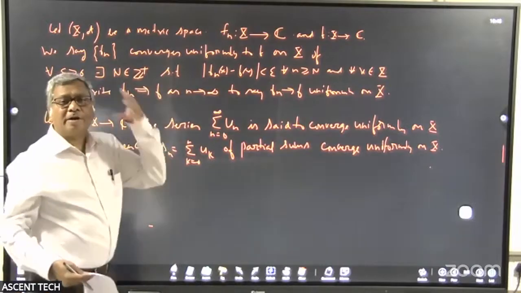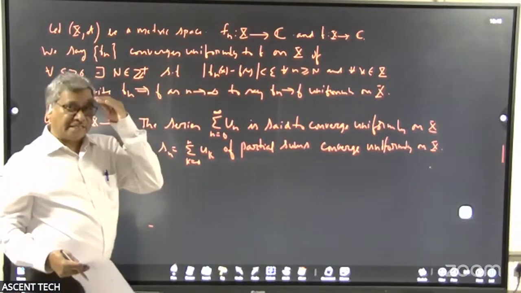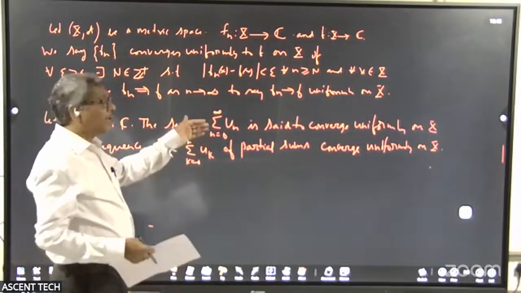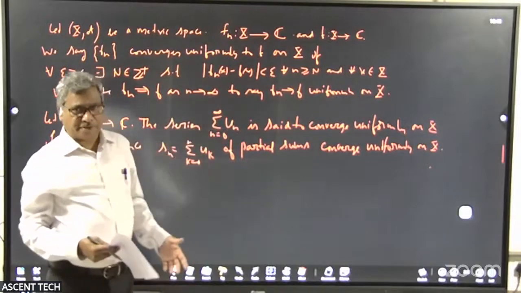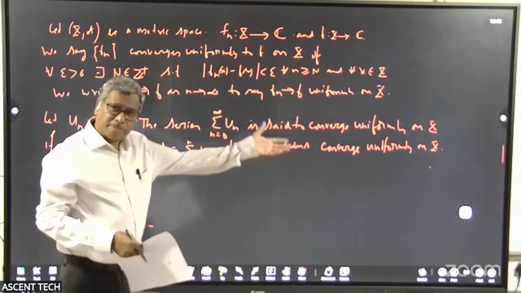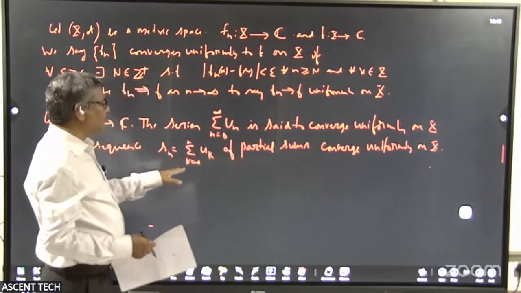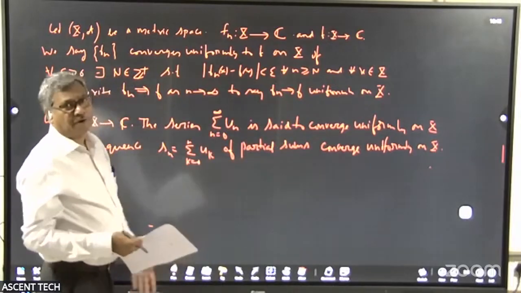We are talking not about a series of complex numbers, but about a series of functions of complex numbers, and the series of functions converges uniformly.